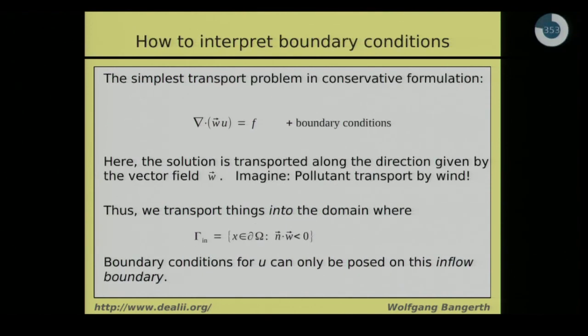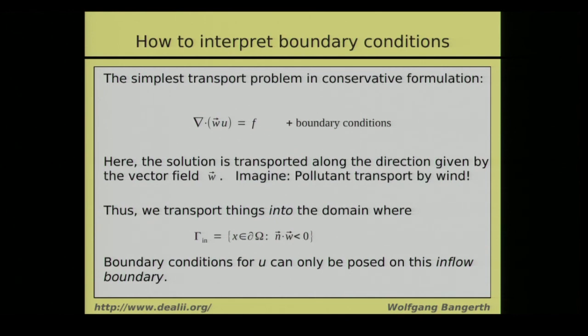Okay, so if I have this equation, then I need to pose boundary conditions. And the boundary conditions are now posed in this n plus 1 dimensional space. So these are really the spatial boundary conditions plus the temporal initial conditions. And now, what does that mean? So what kind of boundary conditions can I actually pose?